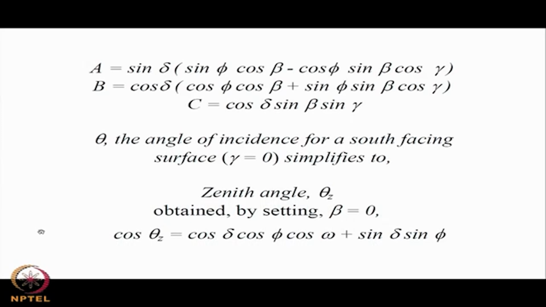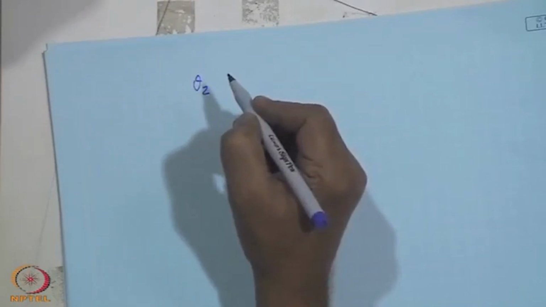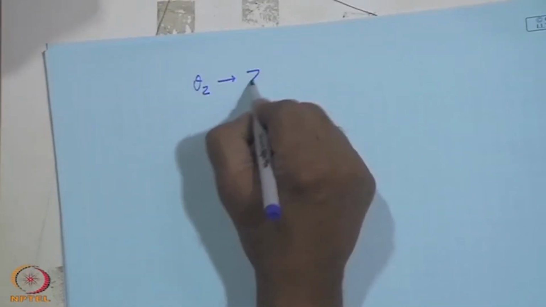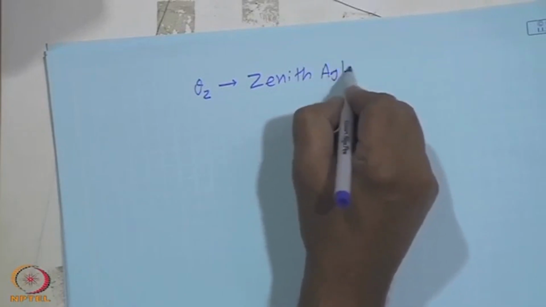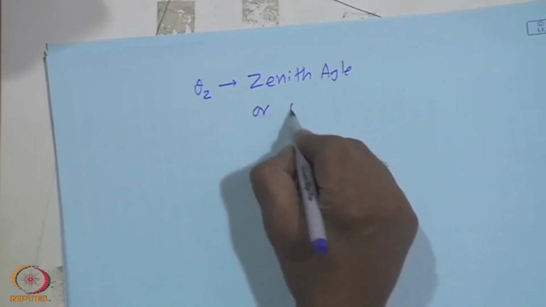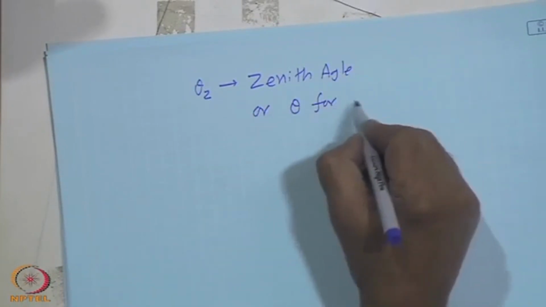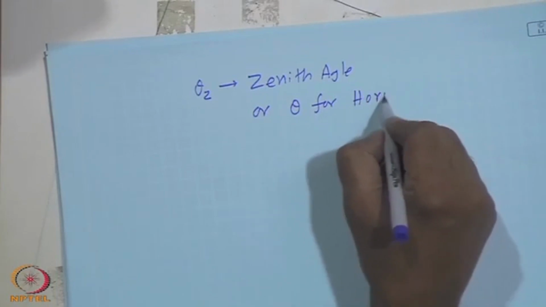So, of course, A, B, C are defined in terms of the remaining things, and that so called zenith angle, the angle between the vertical and the sun's ray, is theta z. That means, it is the angle of incidence, or theta, for a horizontal surface.